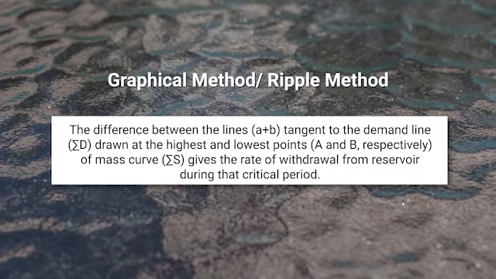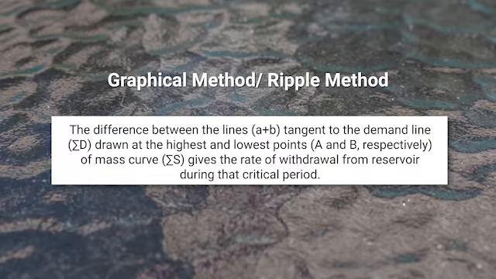The difference between the lines A and B, tangent to the demand line sigma D drawn at the highest and lowest points A and B respectively of the mass curve, sigma L, gives the rate of withdrawal from the reservoir during that critical period.